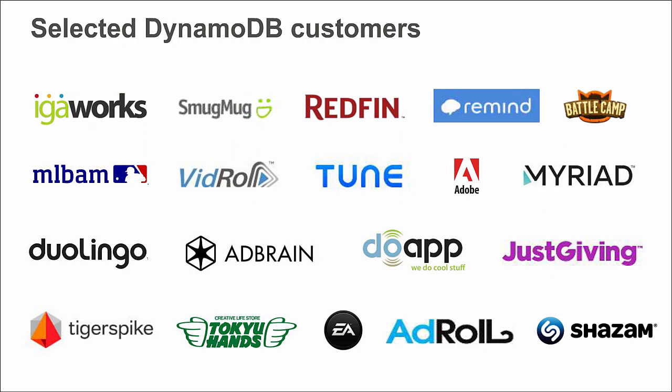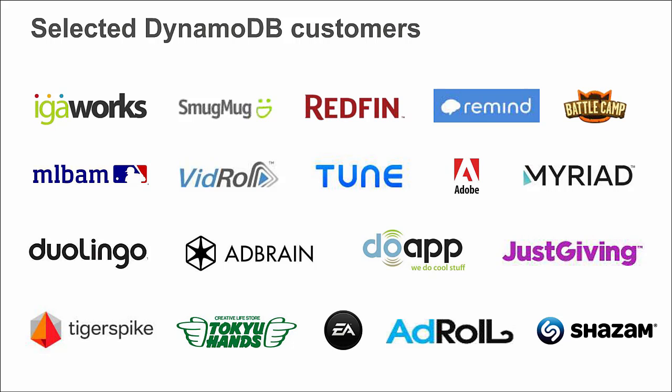And here's a sample of customers that are using DynamoDB today. We'll talk about a few. Redfin, they have over 5 billion items that are stored and processed daily in DynamoDB. SmugMug, they're the photo hosting and sharing platform, and they've got millions of users and billions of photos and petabytes of storage, some of that using DynamoDB.